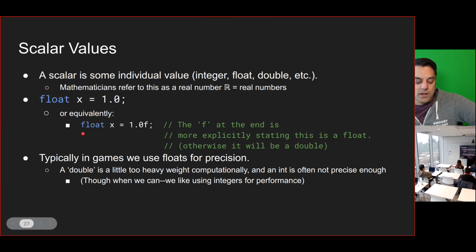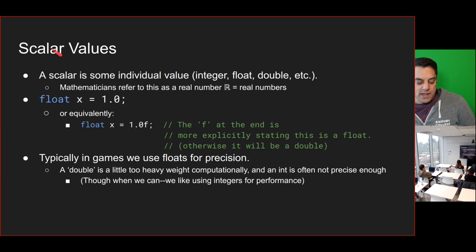The actual proper way to create a float, and you'll usually see me do this in code if I'm being good, is to go float x and then 1.0f at the end to indicate explicitly that it's a float. 1.0 is a double, so there's a conversion going on there, so we kind of avoid that. But that's the idea here.